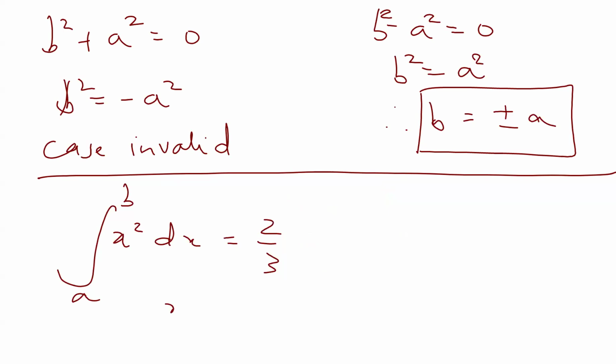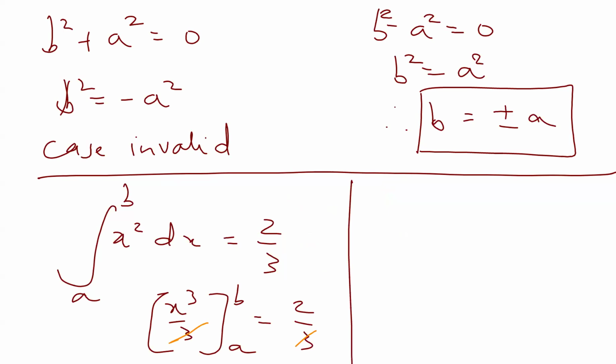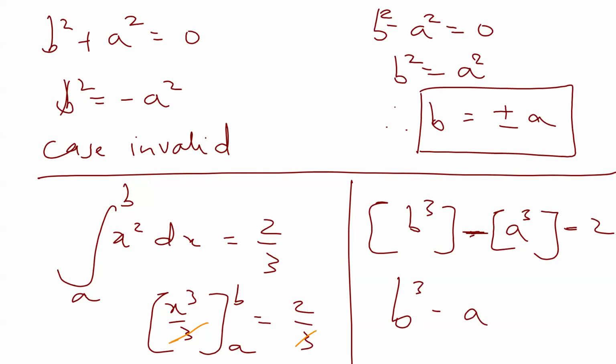So x cube by 3 equals 2 by 3. 3 will get cancelled on both sides. Upper limit minus lower limit is equal to 2. a cube minus b cube... b cube minus a cube is equal to 2. Now don't use the a cube minus b cube formula over here, because it is equal to 2 on the other side. So this will give me b cube minus a cube is equal to 2.